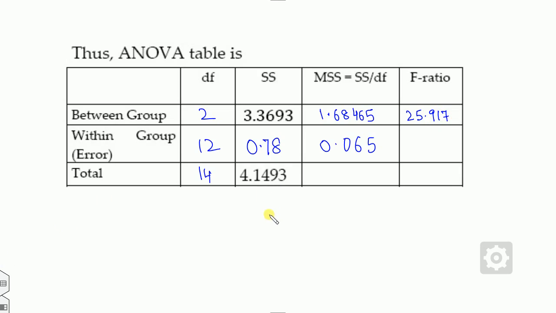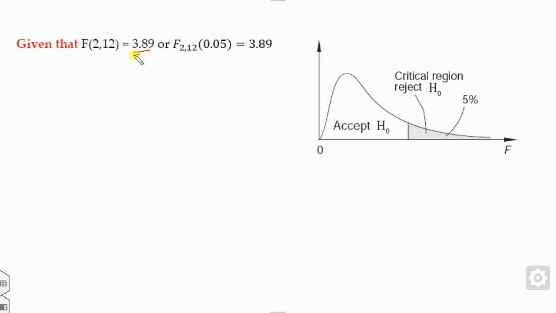Okay, so what is the F degree of freedom? This number is obtained by 1.684 divided by 0.065. The degree of freedom of the numerator side is 2, and the degree of freedom of the denominator side is 12. So you need this value from the table, and the value is 3.89.